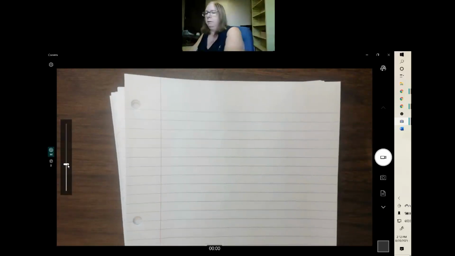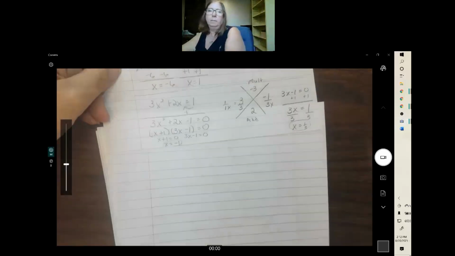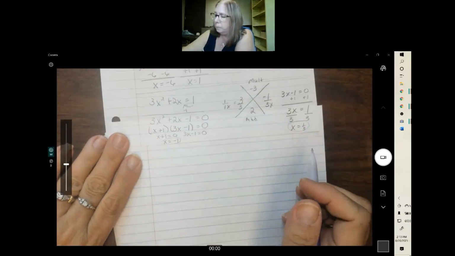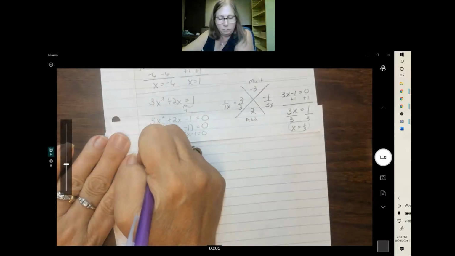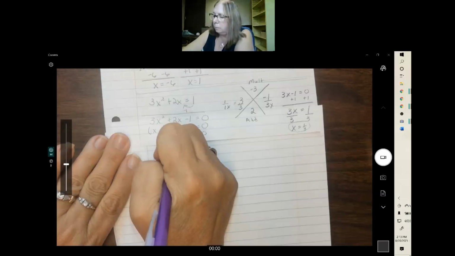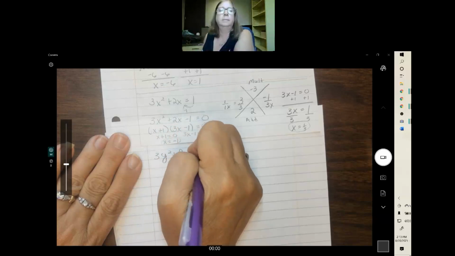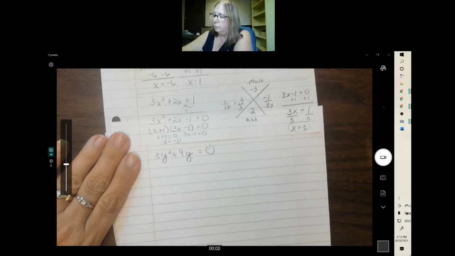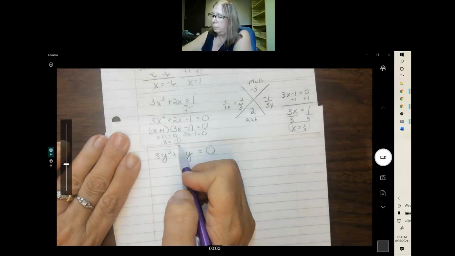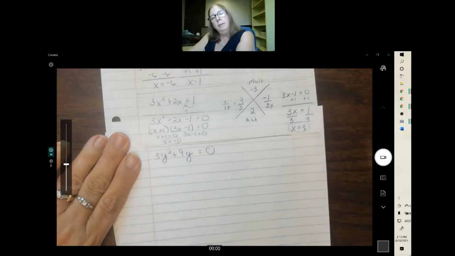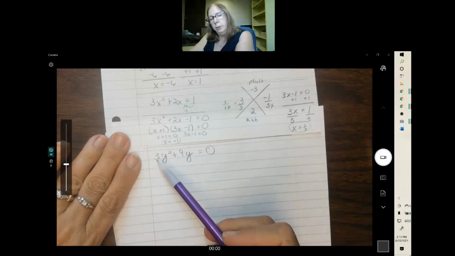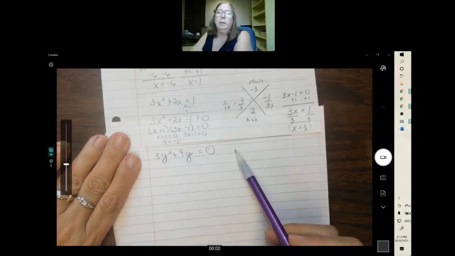Oh, in case you're still writing. So this one is set equal to 0, but there's only 2 terms instead of 3.